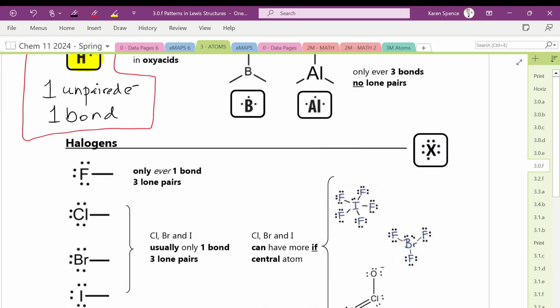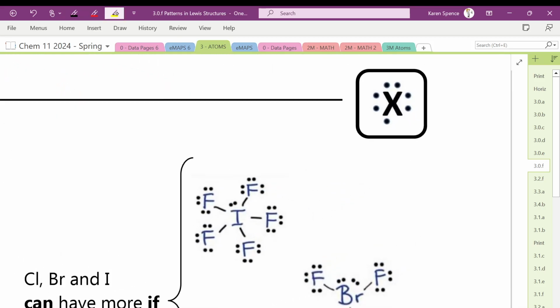Fluorine, chlorine, bromine, iodine, they all look like this. So for example, we might have fluorine. One, two, three, four, five, six, seven.